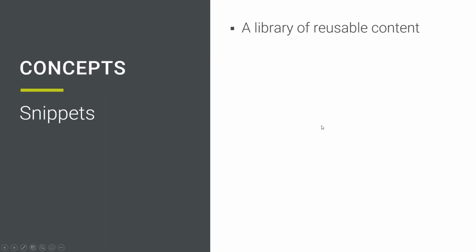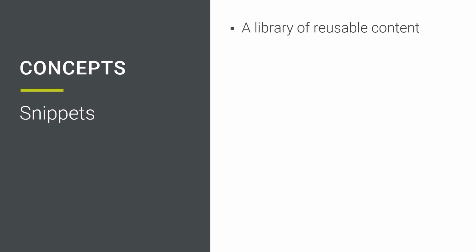So the idea of a snippet, and again, not going all training on you guys because we don't have time, but your core reuse content building block is a topic, just like Jennifer mentioned at the beginning. But there's kind of a litmus test. A topic must be able to stand on its own.